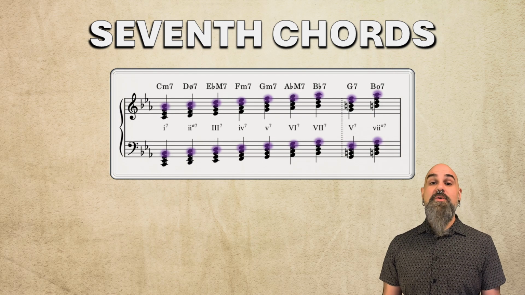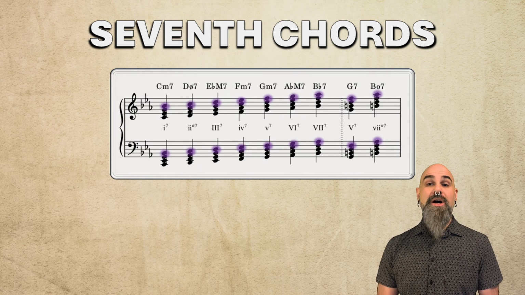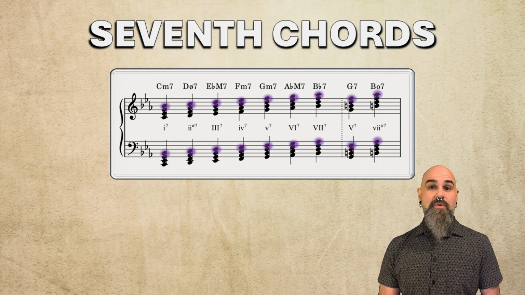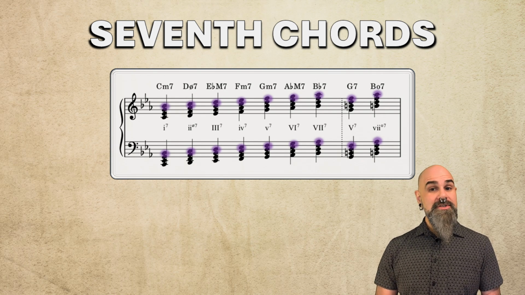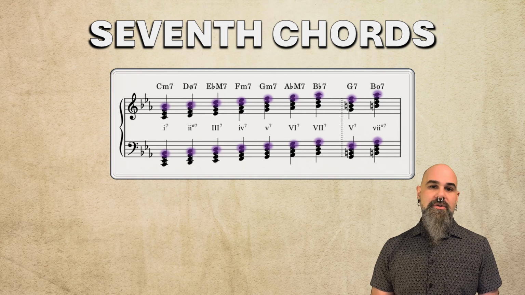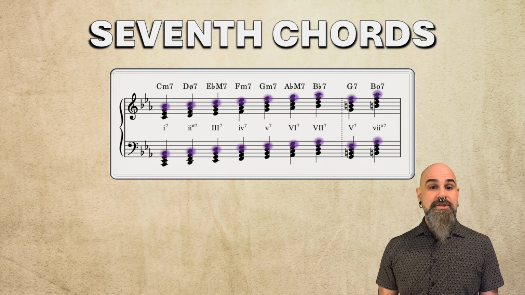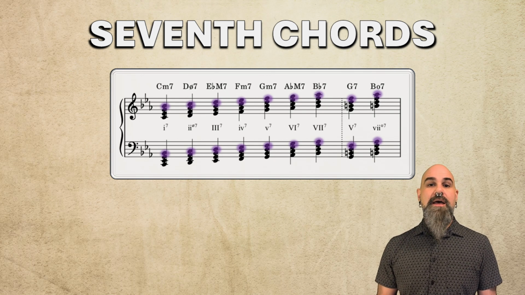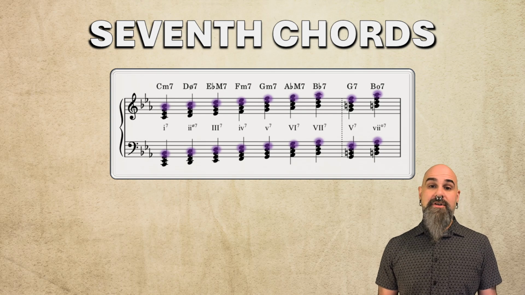In minor keys, we get a minor 7th chord on 1, a half diminished 7 chord on 2, a major 7 chord on 3, a minor 7 chord on 4, a minor 7 chord on 5, a major 7 chord on 6, and a dominant 7 chord on 7.